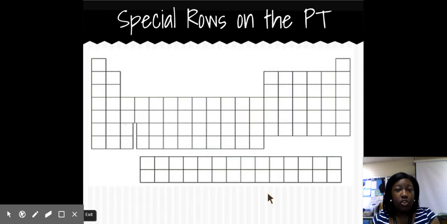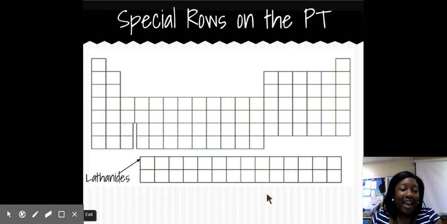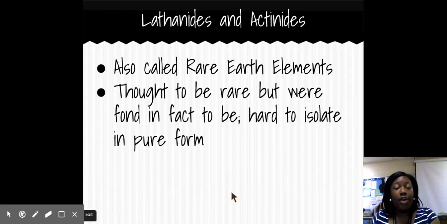All right, so the special rows in the periodic table right here are your lanthanides and your actinides. They're also rare earth metals, and they're thought to be rare, but were found in fact to be hard to isolate in a pure form. All right, we're not going to really talk about the transition metals.